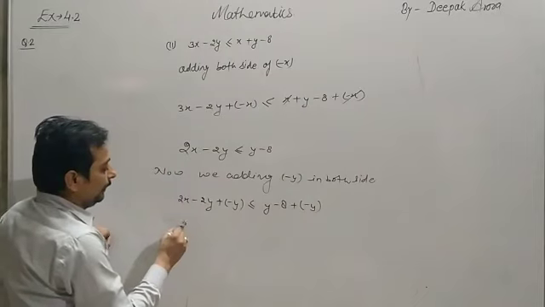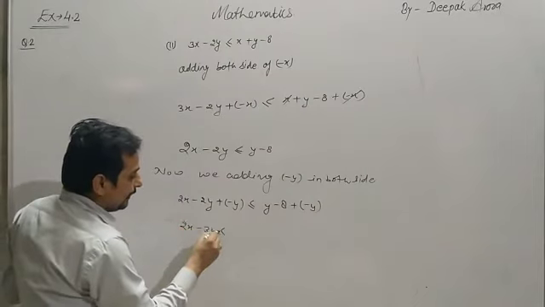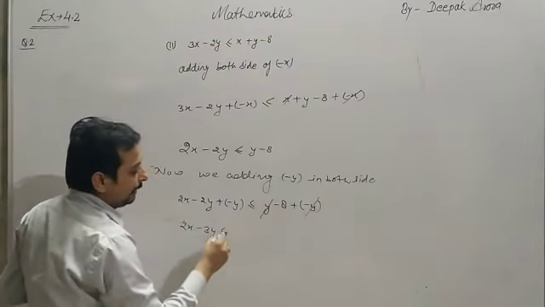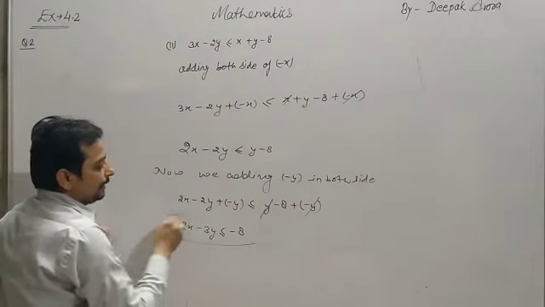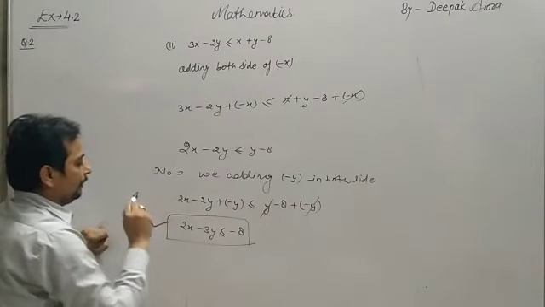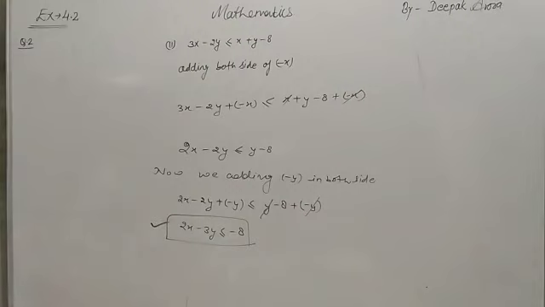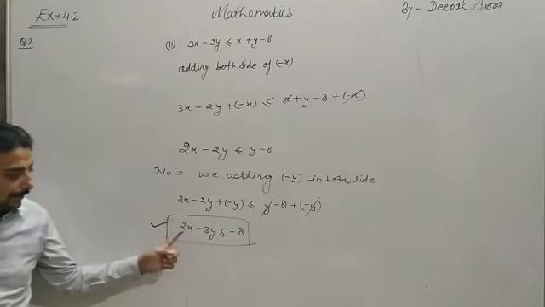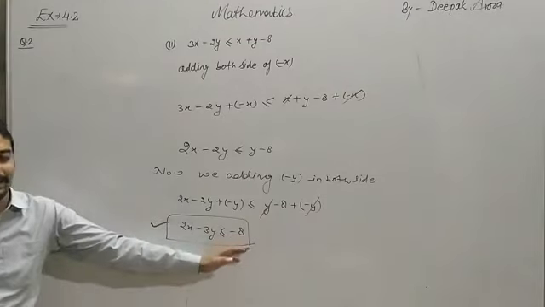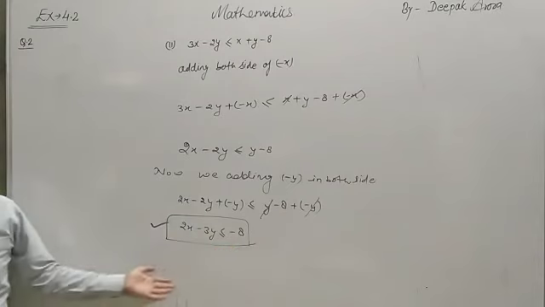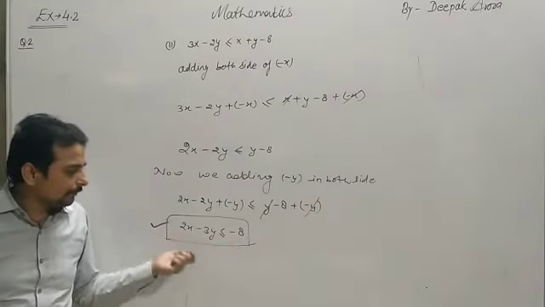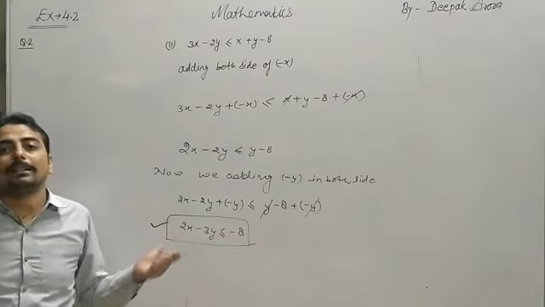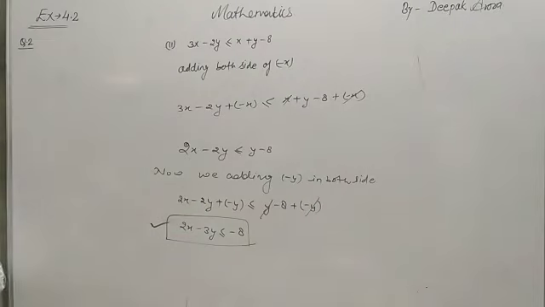Then the value will be 2x minus 3y is less than minus 8, since positive y and negative y cancel. This equation is of the same type as the first question, which we discussed already: 2x plus 3y equal to 6. Another question we can solve is 2x minus 3y is less than or equal to minus 8.